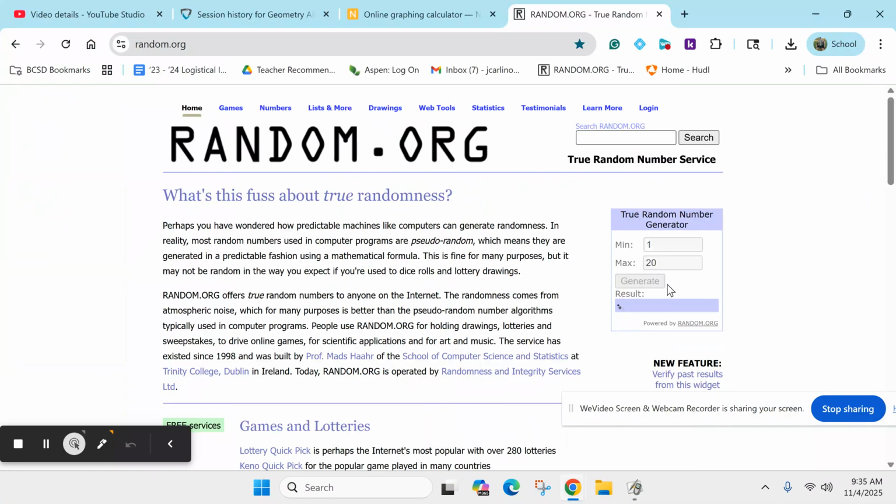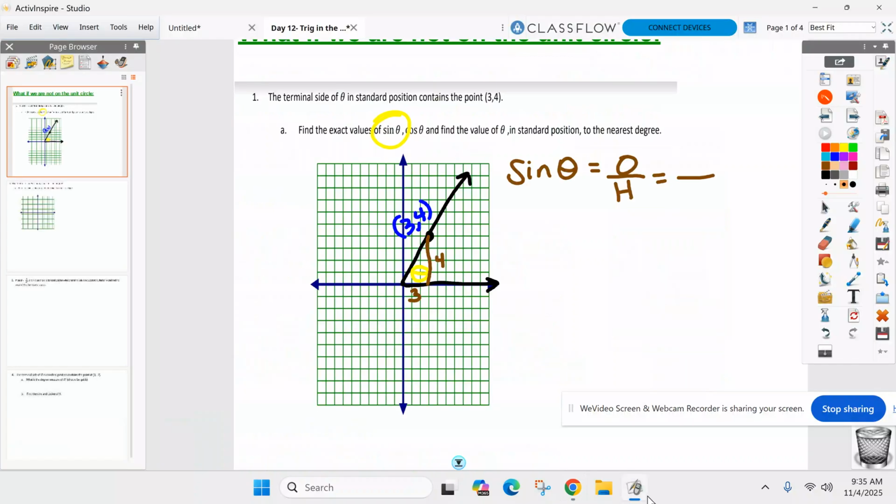How long is it? Chris, how long is the side opposite the angle there? 4. Over. There's our problem, isn't it? We don't have the hypotenuse length. It's kind of missing. I don't know what it is.